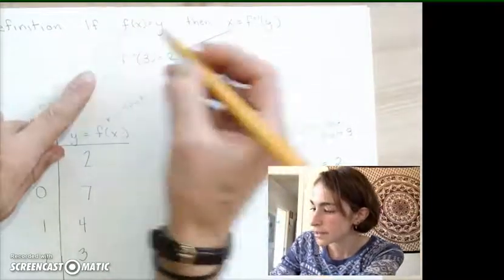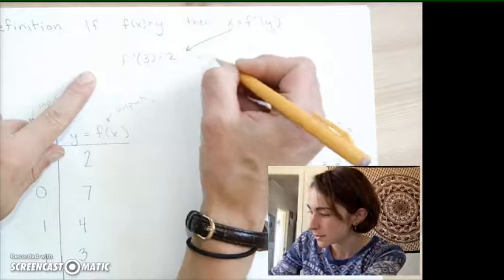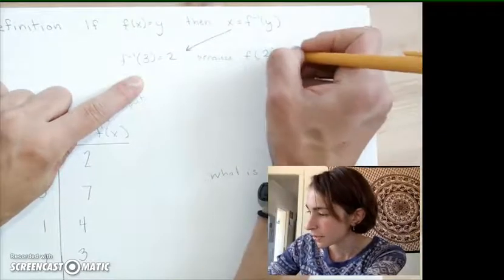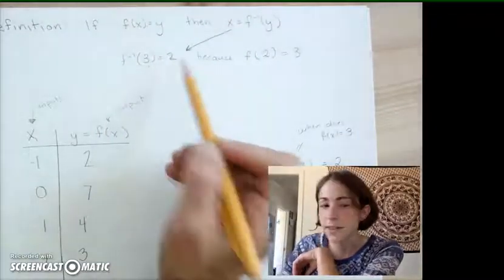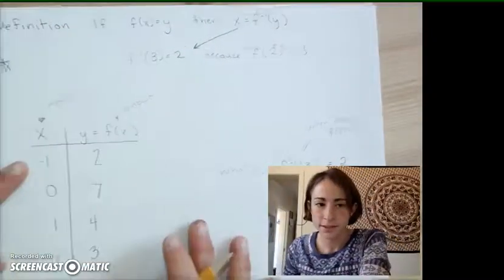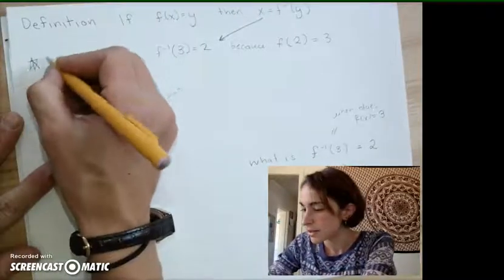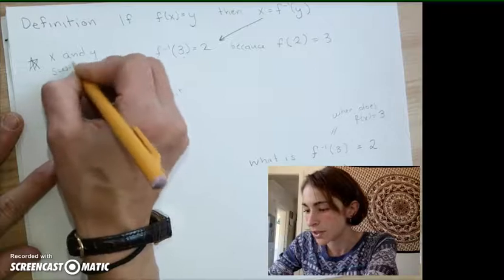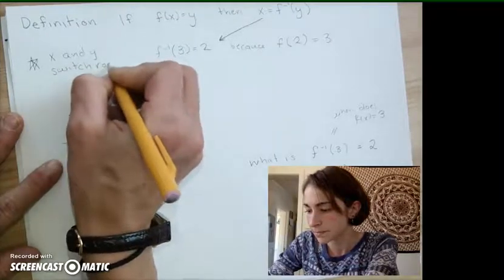And that happens because f of 2 equals 3. So the x and the y switch roles. That's the key here. X and y switch roles.